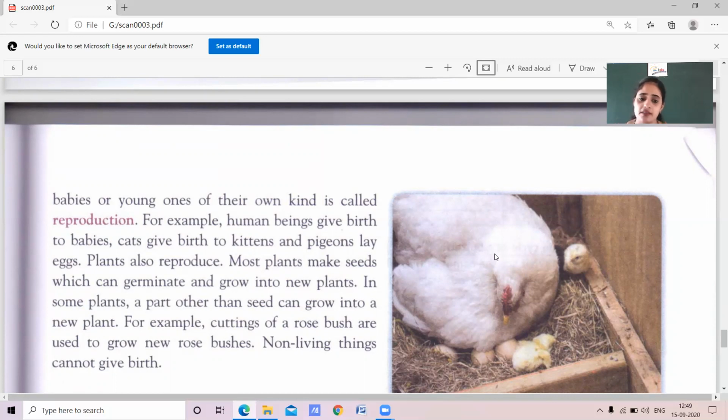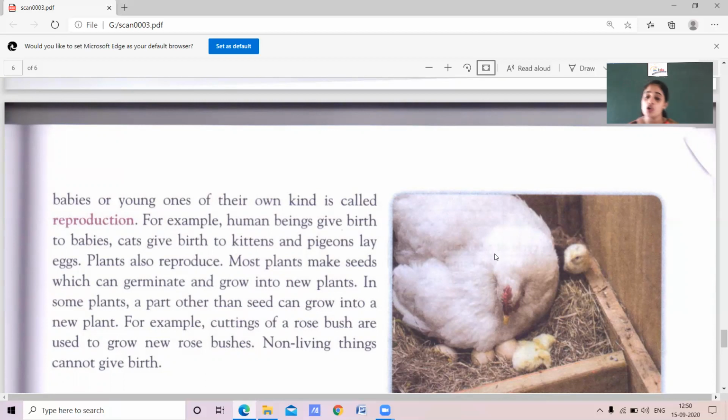In some plants, a part other than the seed can grow into a new plant. Example, rose. Cuttings of a rose bush can be used to grow new rose bushes. This is the unique feature shown by living organisms.